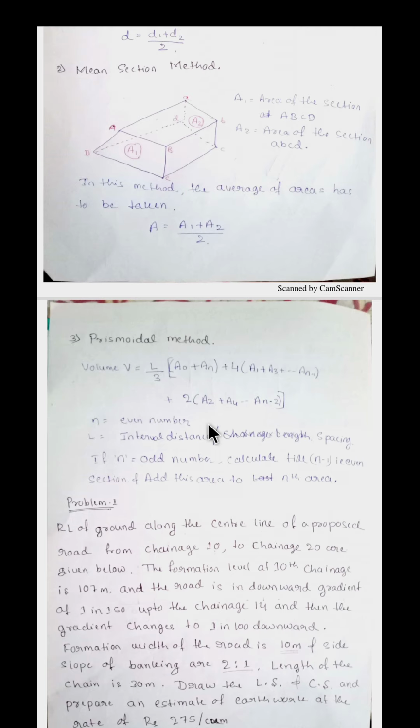For example, if it is 11, an odd number, you calculate up to the 10th section. Afterwards, the last section, from 10 to 11, you calculate separately and add it to this answer. So this is about the prismoidal method.